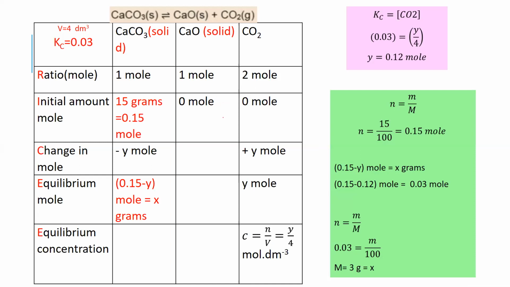Up to down, there is R, I, C, E, RICE with double E. Initially I'm using my mole ratio. By using the coefficients, I'm going to calculate the mole ratio, 1 mole, 1 mole, and 2 moles.